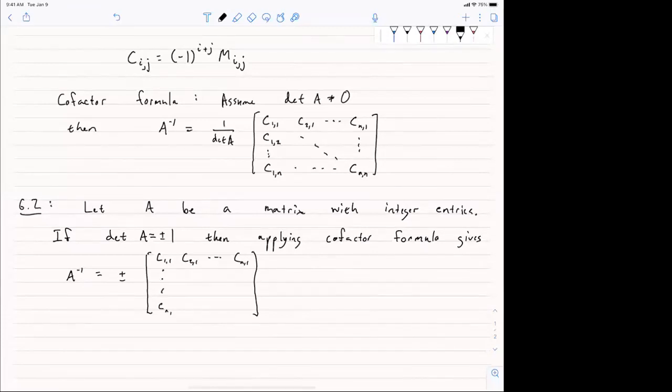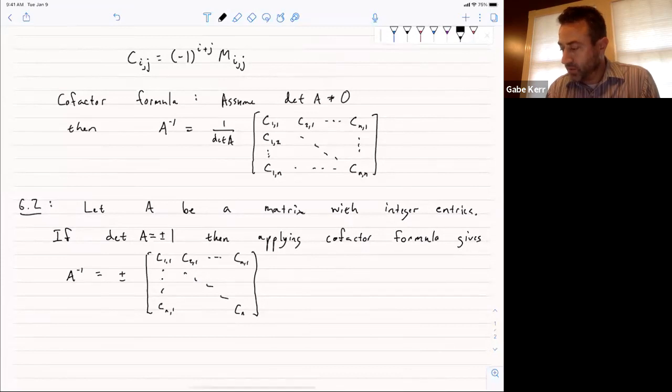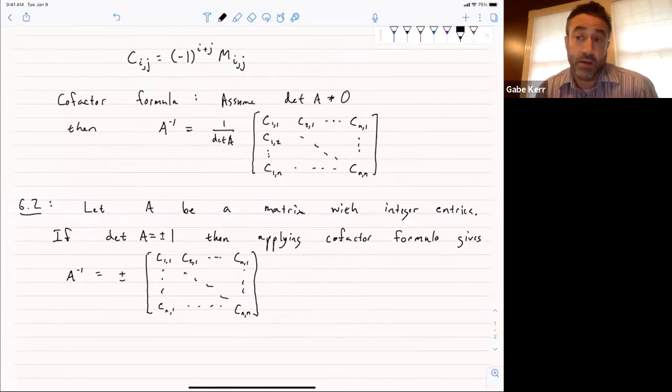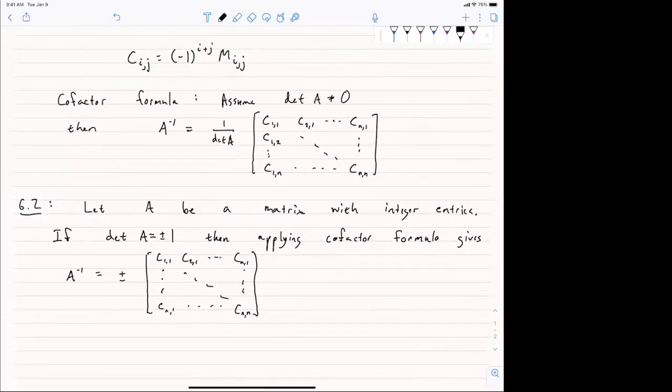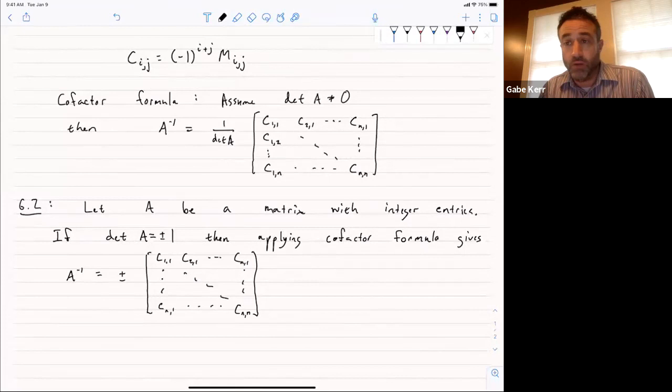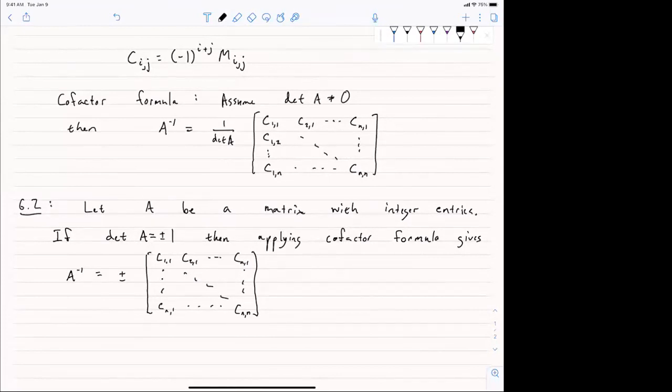Now, what is a cofactor? It's plus or minus a minor. And what is a minor? A minor is a determinant of a submatrix of A. But those are all defined using addition and multiplication of the entries of A, and of course integers are closed under such operations.